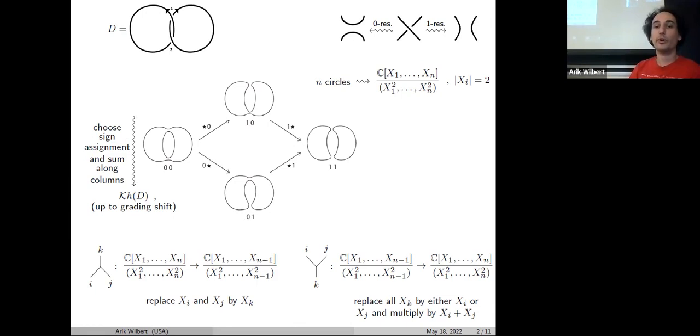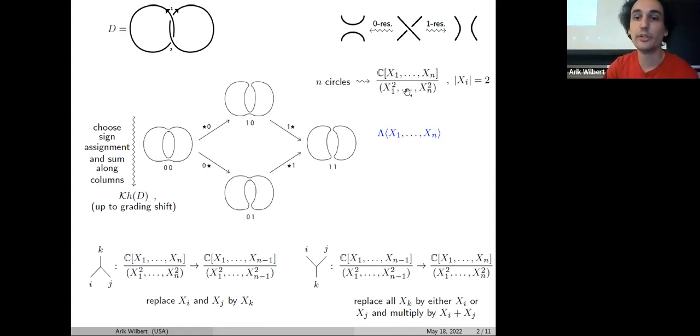So what I want to do now is modify certain things here to get to what people call odd Khovanov homology, which is sort of the purpose of this talk. So what's going on here is basically I want to replace the vector space at each vertex by an exterior algebra. As a vector space, this exterior algebra generated by n variables is going to be the same as this quotient of the polynomial ring.